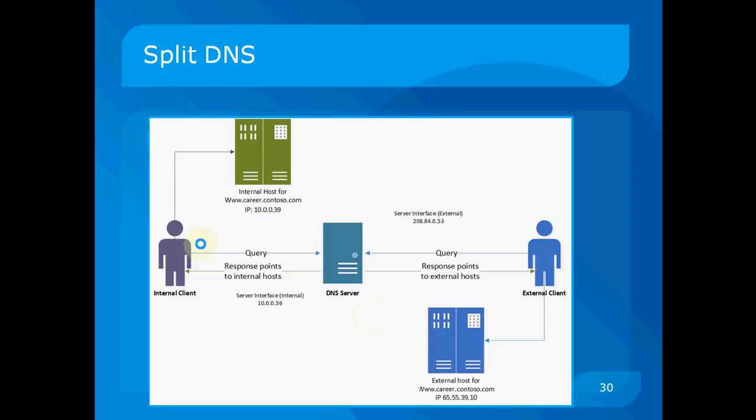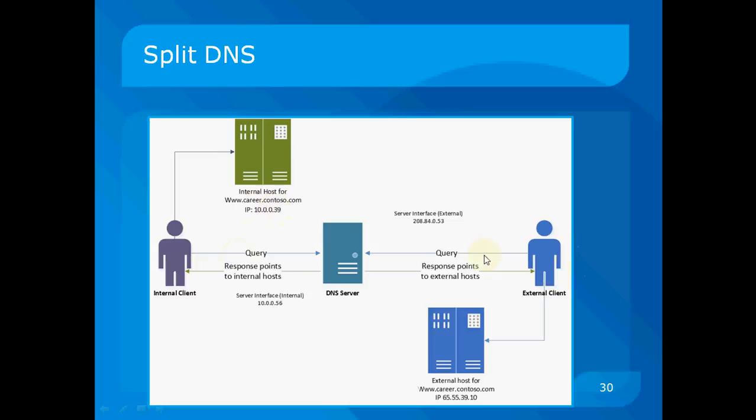How it works, you are watching in the picture. There is an internal client, there is an external client. If the internal client queries the DNS server, then this query is resolved to, suppose, 10.0.0.39. Sorry, actually 10.0.0.56 is the internal IP address of this internal LAN card, and the query is resolved to 10.0.0.39.